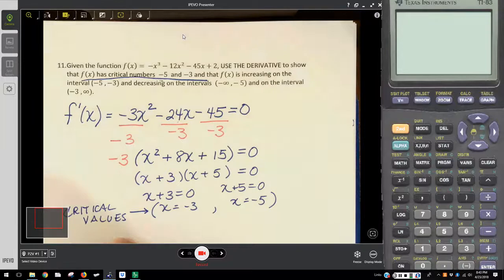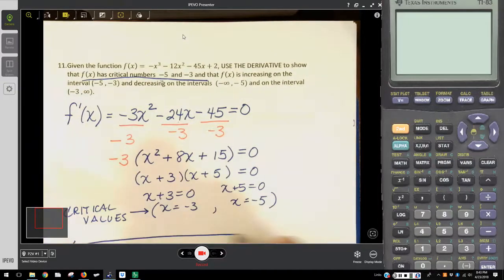So what we do is we draw a number line, and on the number line we place our critical values, -5 and -3.